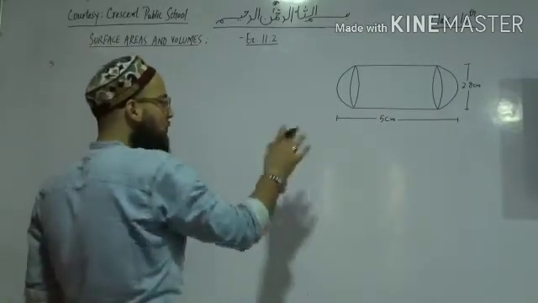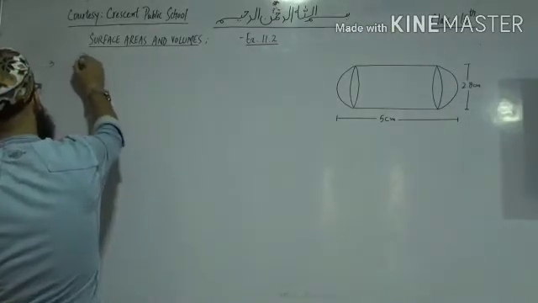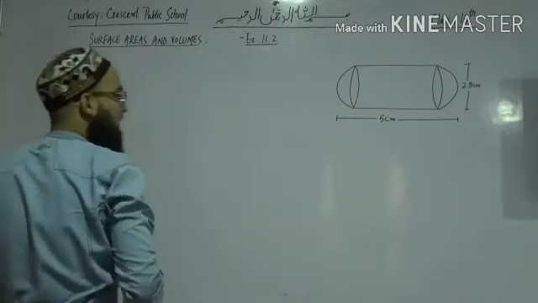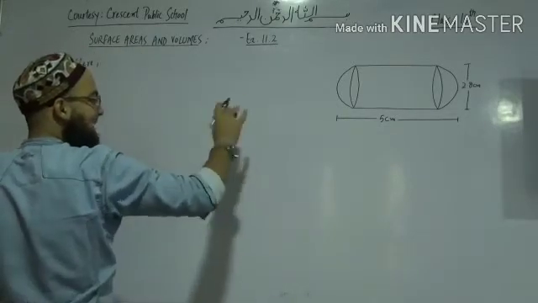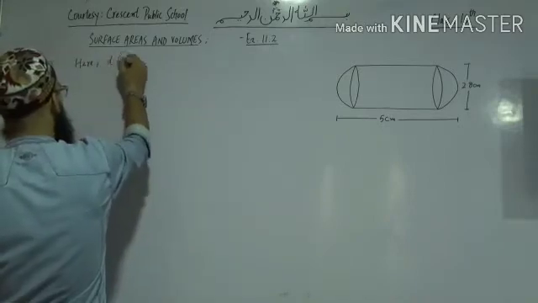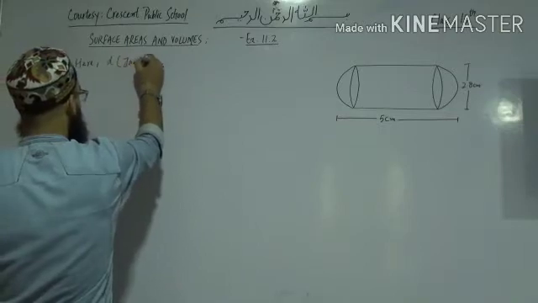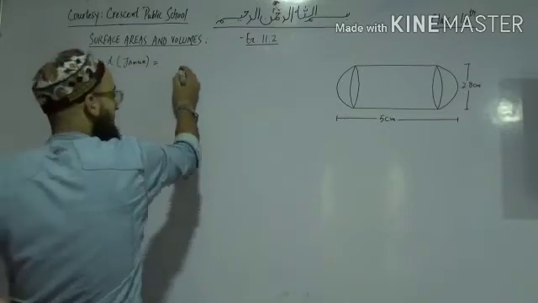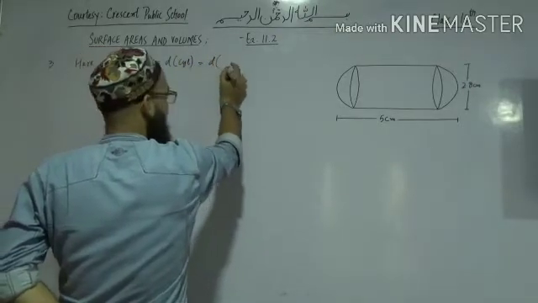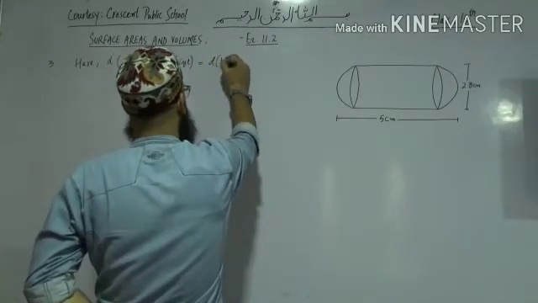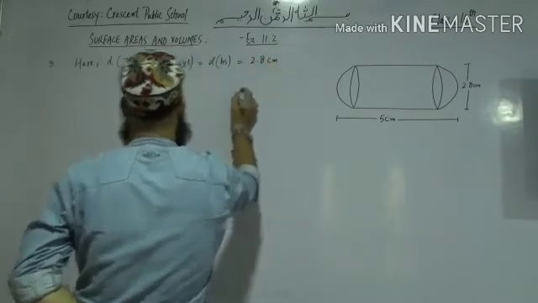Let us first find the volume of this one jamun. Here, what you are given is the diameter of the jamun, which is the diameter of cylinder and the diameter of hemisphere, and that is 2.8 centimeter.